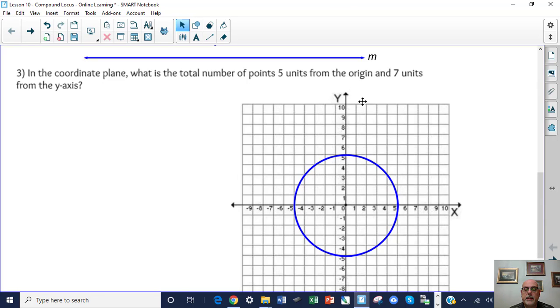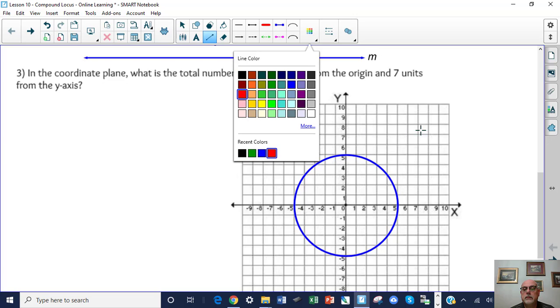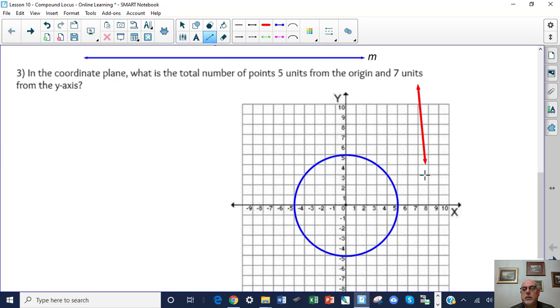Well, the y-axis is up and down, and we want to be 7 units away, so that's a line on either side of the y-axis, 7 units. So we have a line here, and we have a line here. Now when we look at our diagram, does the circle and those 2 lines intersect at all? No, they don't. So the answer is there are 0 points in the plane that satisfy this requirement.